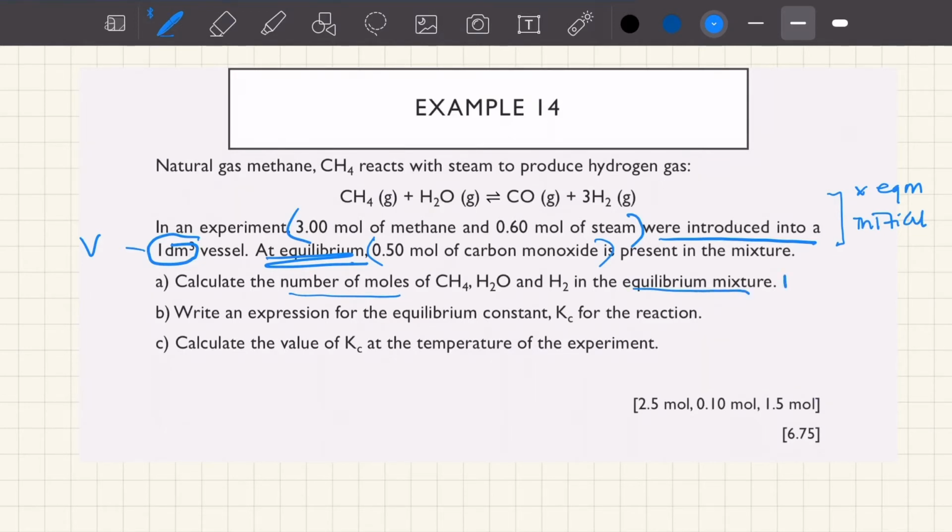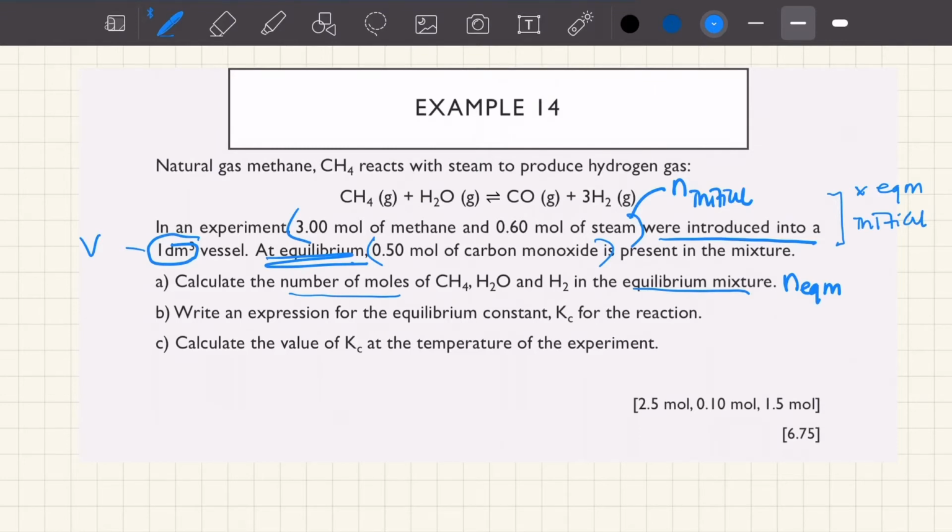So that means you need the N equilibrium for your gases. What you have here is N initial, but you don't know the number of moles at equilibrium. So we are going to use the ICE table to find out the number of moles at equilibrium.